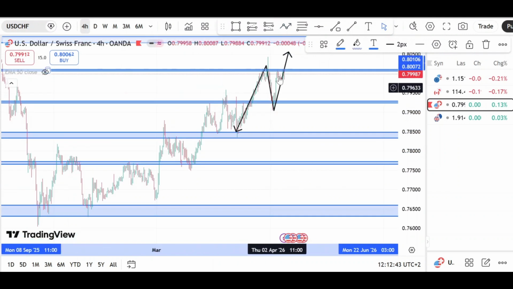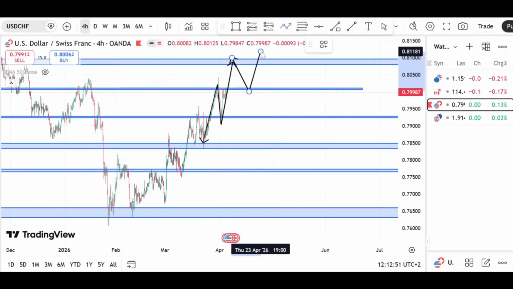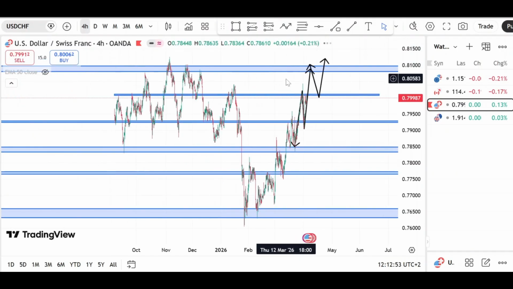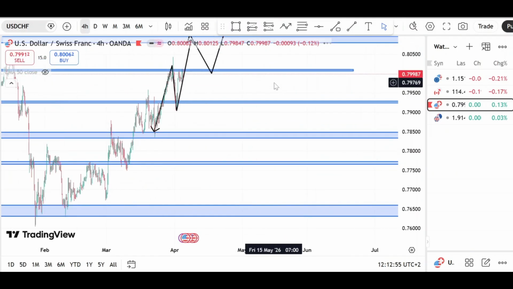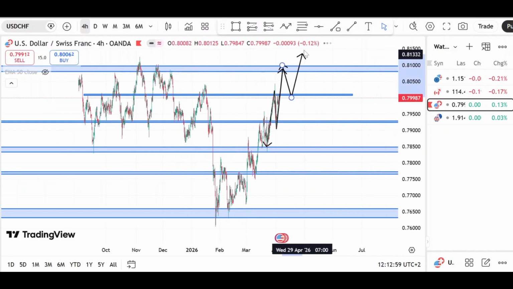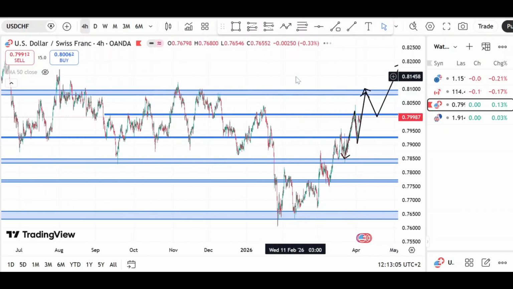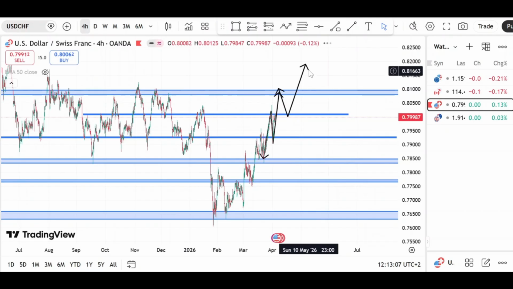So we can expect that the price is going to keep moving like this to create another higher high, and then we will capitalize on another higher low here, and then we enter for a buy. Where can we target? We are going to target this 3-month zone you have seen above here.